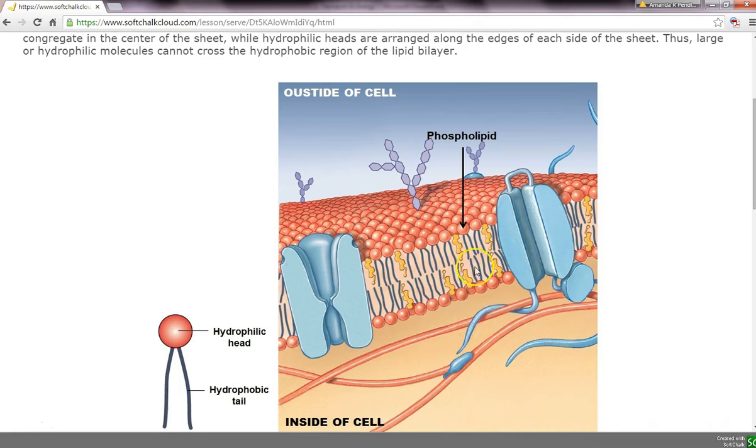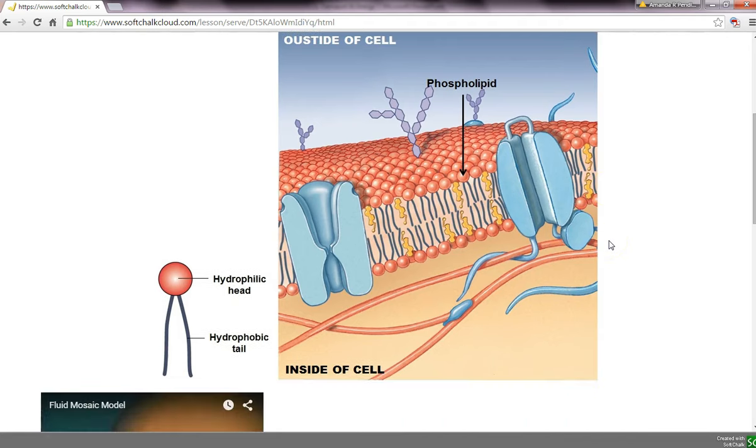And then here, you've got these tails, and the tails are going to clump together. And so you end up with one layer of phospholipids, a second layer, and so it's called a bilayer, bi meaning two.